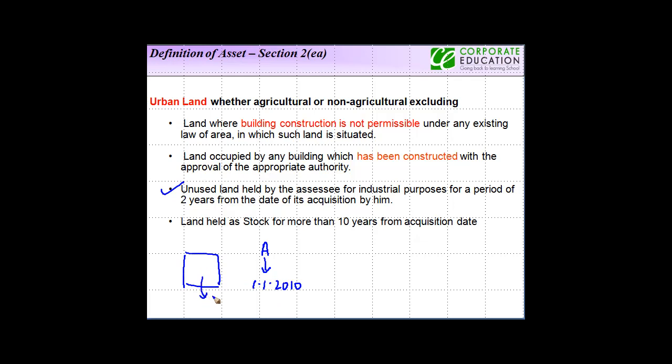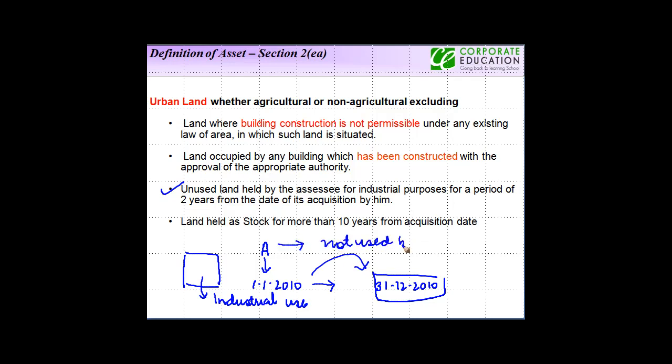This land is meant for industrial use, but until 31/12/2010 it could not be used by A, for the purpose of 2 years.